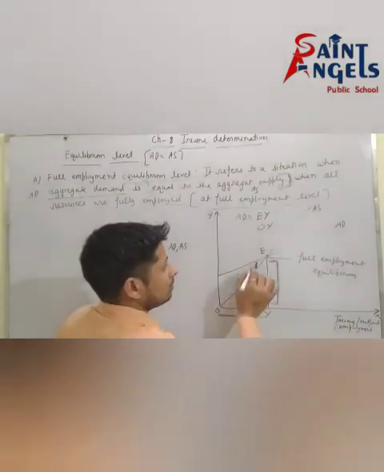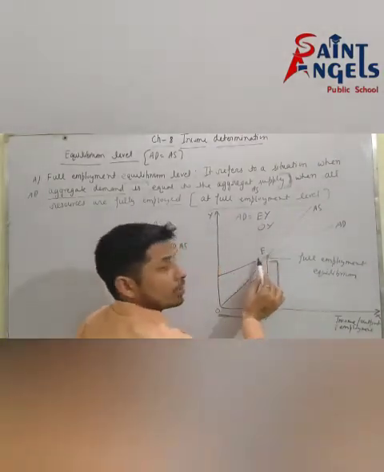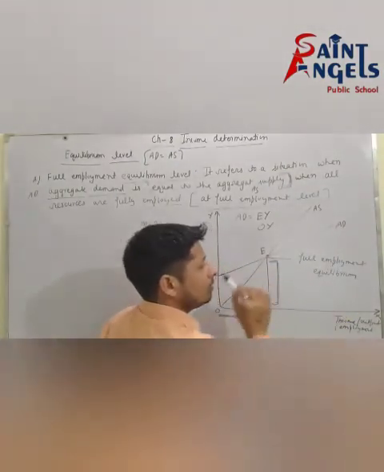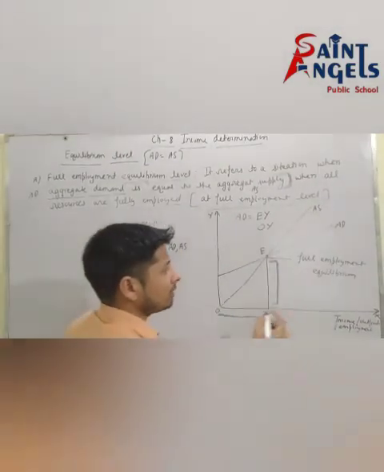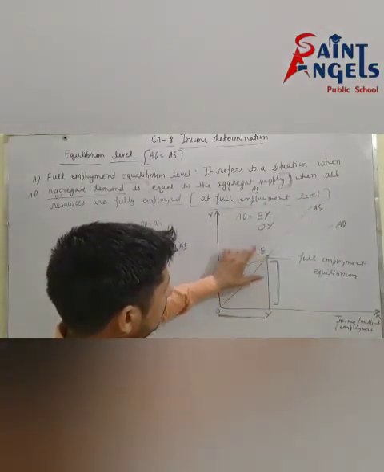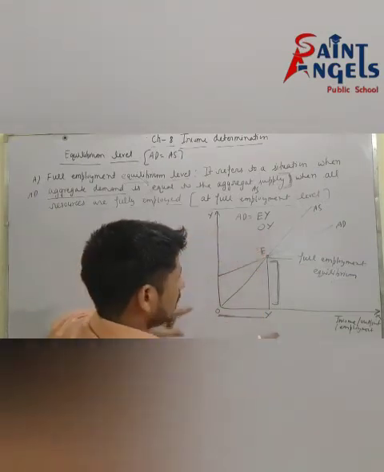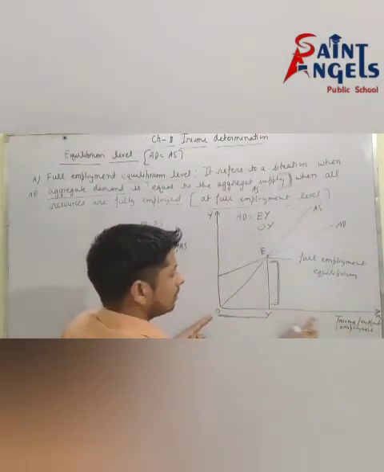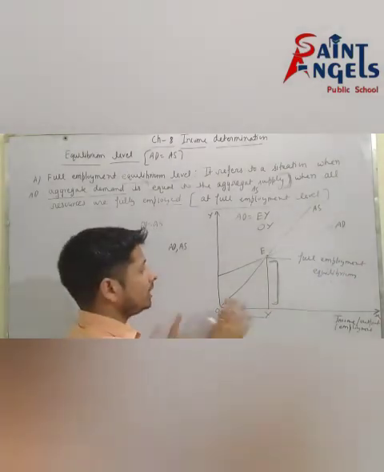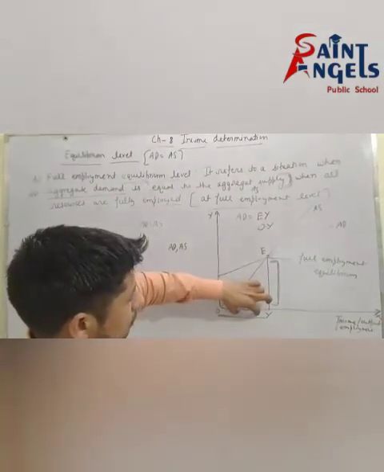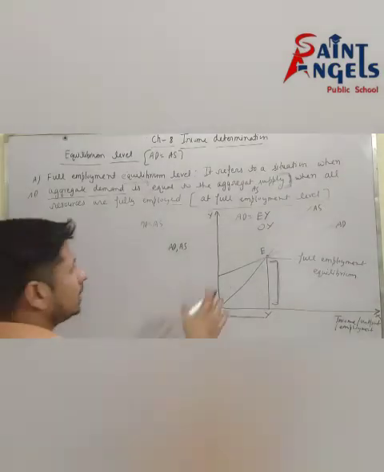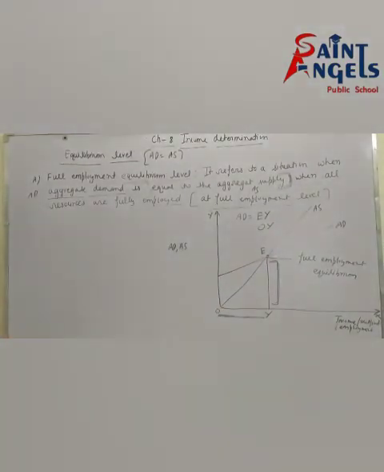Point E shows the equilibrium level, but we are calling it full employment equilibrium, because we have added the word full employment to equilibrium. So we are saying that aggregate demand here is EY, and aggregate output or income is OY. Now how will you explain this diagram?